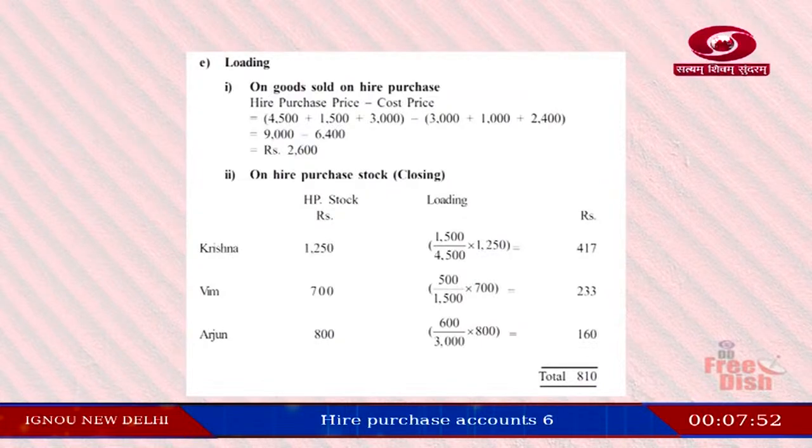In proportion, it will be 160. So the total is 810, which is included as loading amount. So this is the net difference, this is the balancing figure.